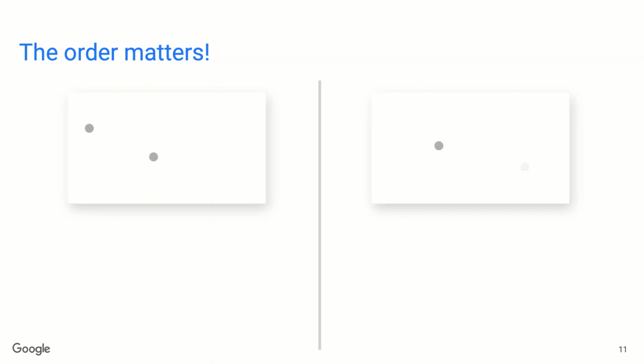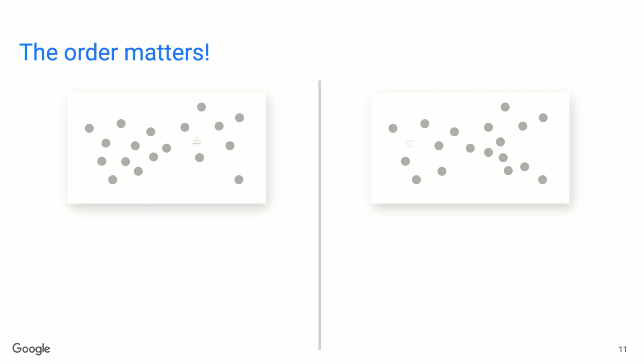Okay, let me show you something even more interesting. Even without training examples, what if we know the order of the points in the original data? In the first case on the left, the points appear in the left half first, then appear in the right half. In a conversation, this is like one person talks first, then another person starts talking.